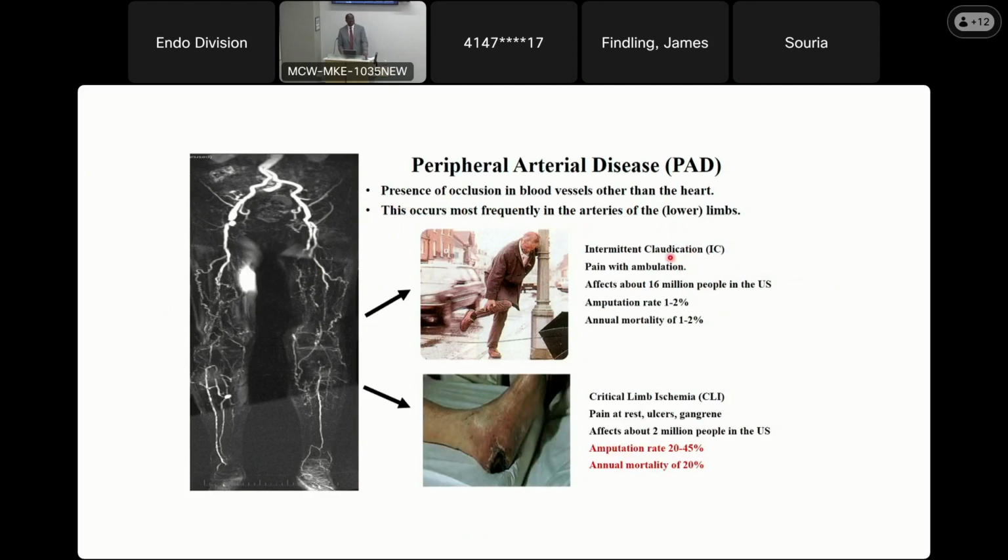There are two classic presentations of PAD, but before I go into that, let me just quickly run through this angiogram of a patient who has PAD. You will notice that there's no flow here and no flow here.